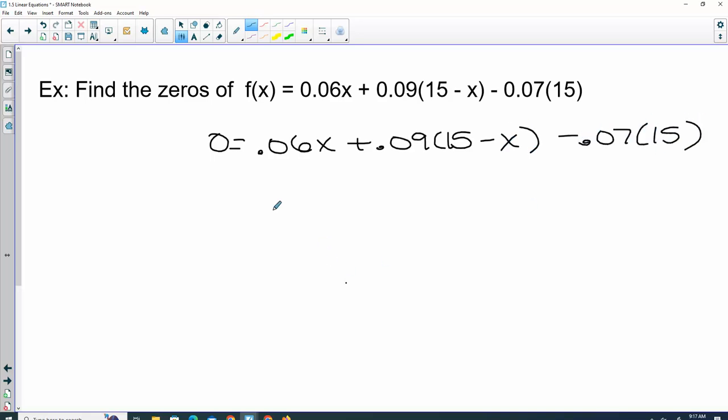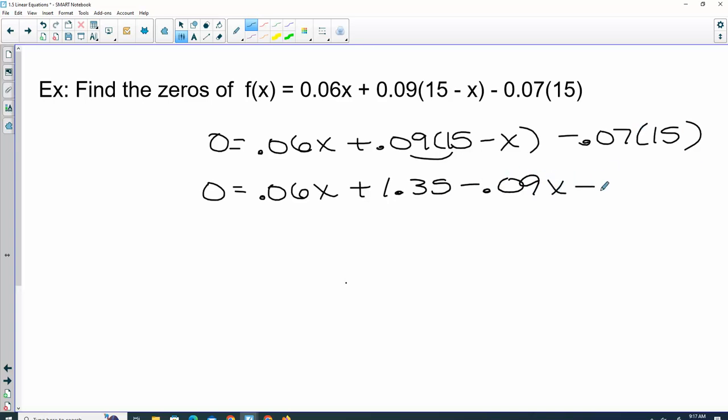Okay. So now we need to start distributing. 0.09 times 15, 1.35 minus 0.09x minus 1.05. Combine like terms.